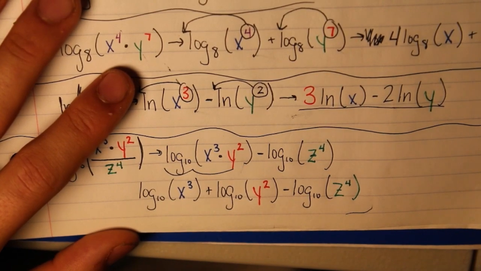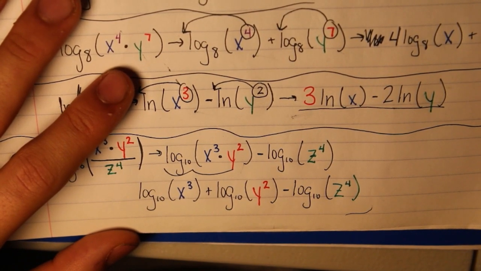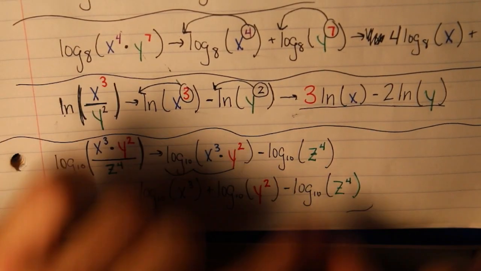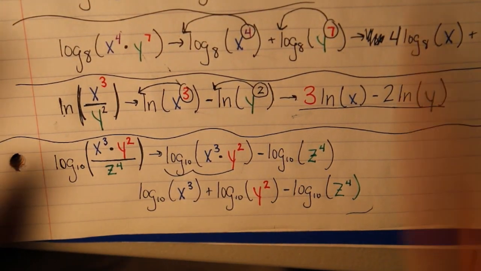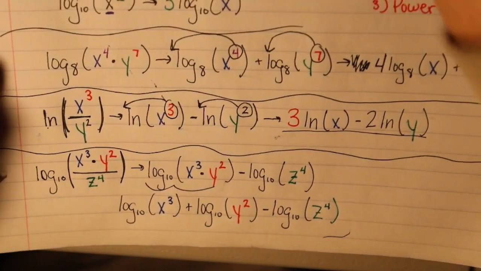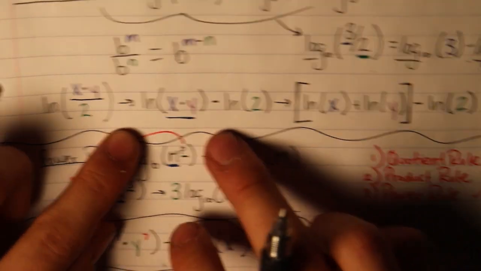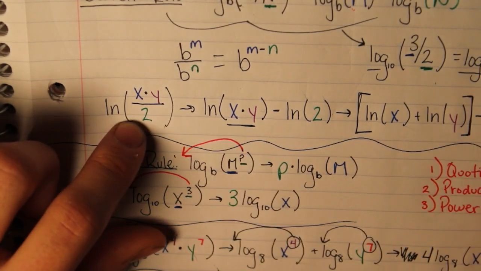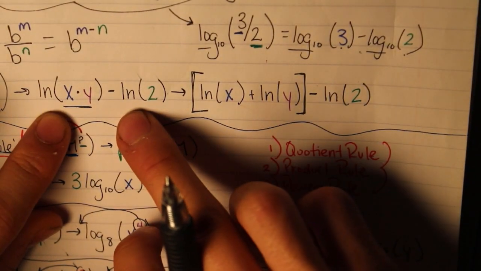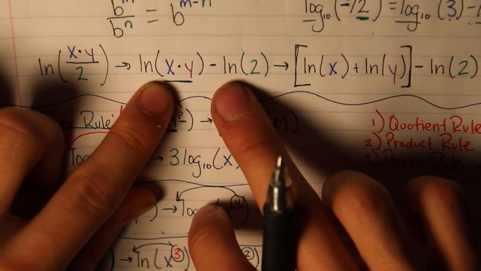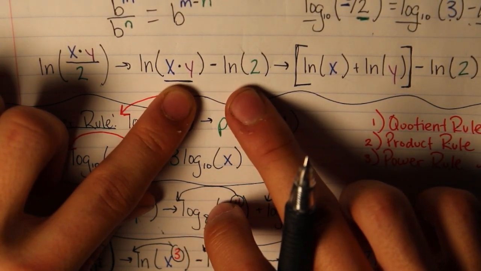We have one more step, and that step is going to be the power rule, right? Because we have powers on all of our things. But first, what we did at the top, when we had our product rule and our quotient rule, we did the quotient rule first. We separated our numerator and the denominator.